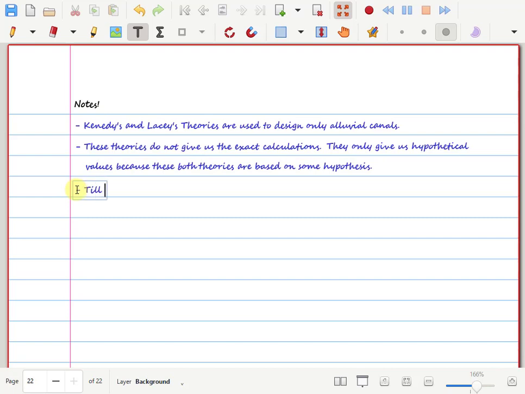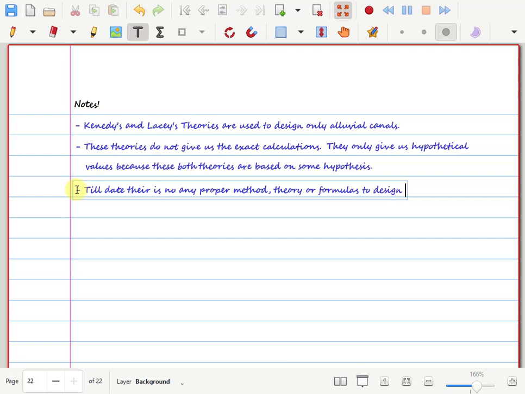And till date there is no proper method, theory or formulas to design alluvial canals.